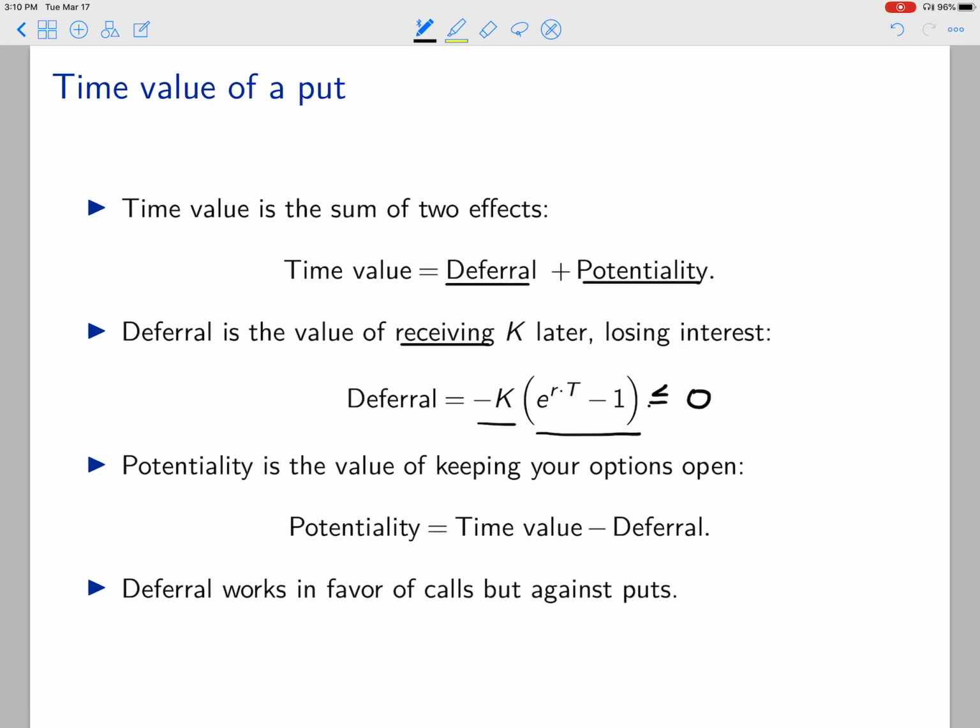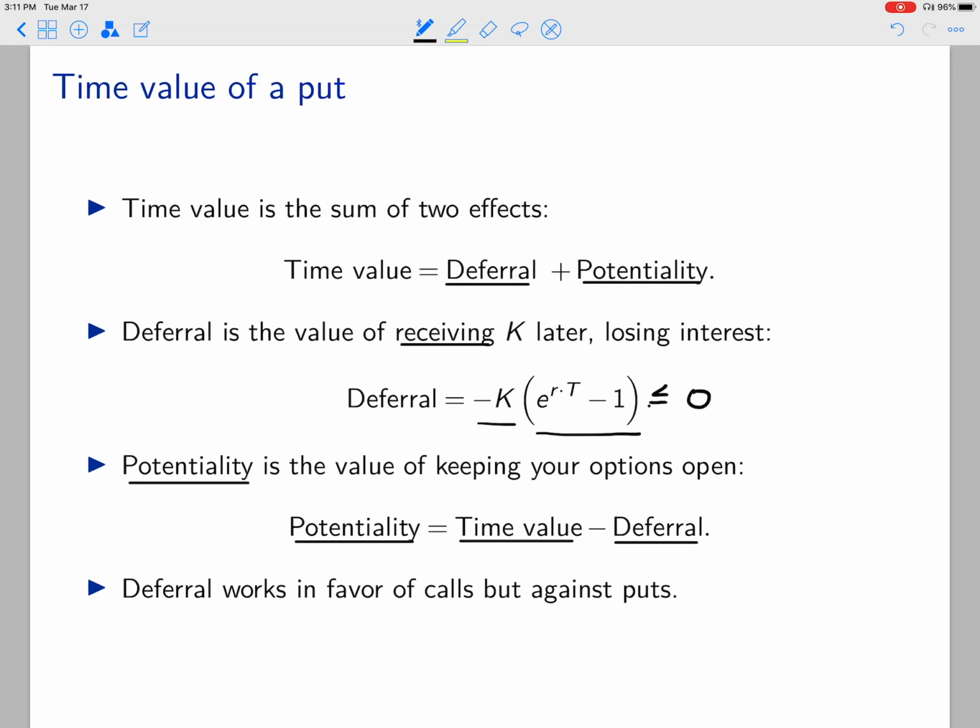What about potentiality? Again, same thing as for the call option, really, in terms of the formula and the idea. It's this final portion of time value that's attributable to this uncertainty or insurance component of the option. The way you calculate it is you just take the time value, take out the deferral value, whatever is left over. Note that potentiality is going to be similar for calls and puts.